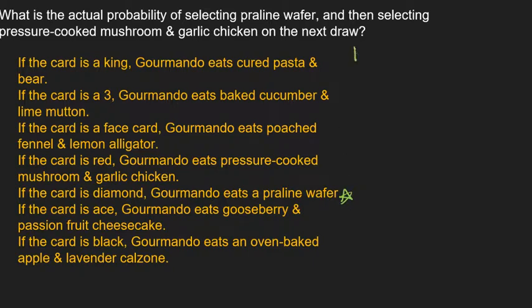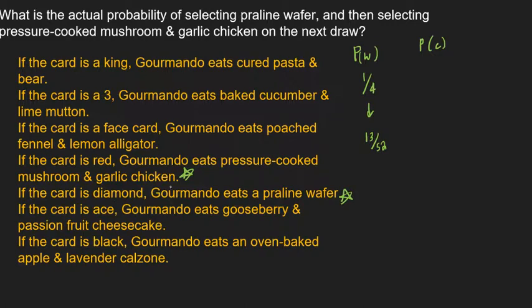So, the probability of the wafer is if it's a diamond, which is a 1 in 4 chance of getting a diamond, right? Or I could think of it as a 13 in 52 chance. Next, the probability of getting chicken, which is right here, is if the card is red. If the card is red.